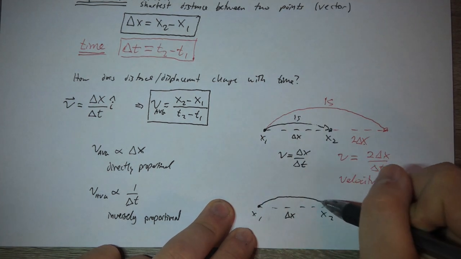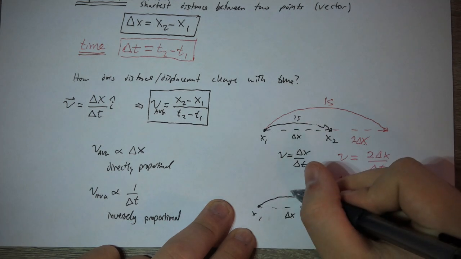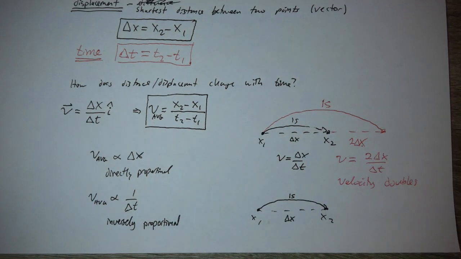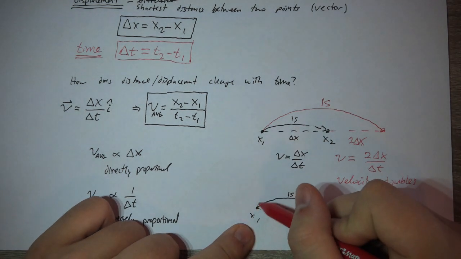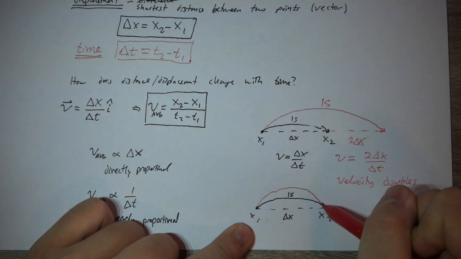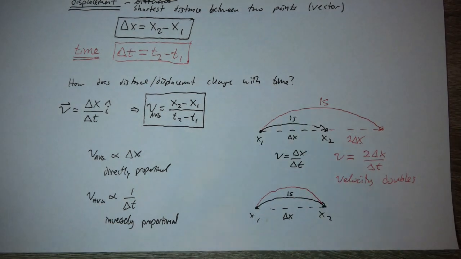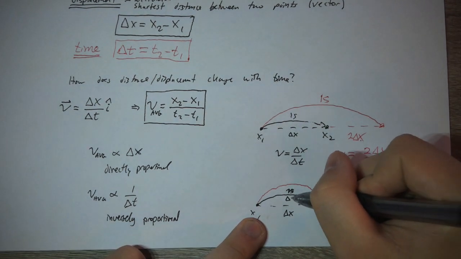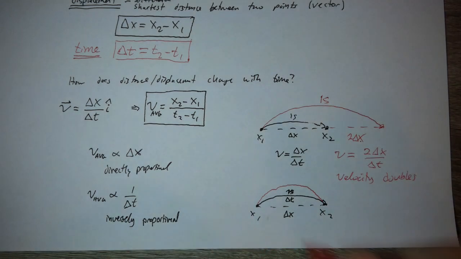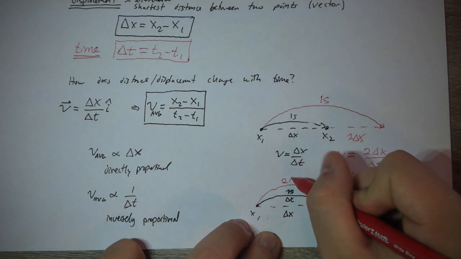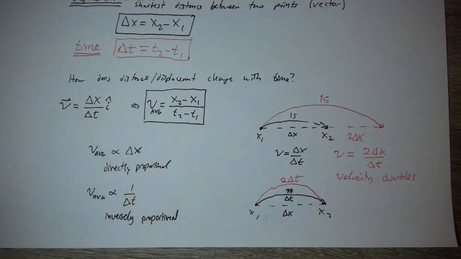And first time, we do it in 1 second. The second time, we double it. You know what? I'm going to just call this delta t. And we double it, so we're taking twice as long. Now it's 2 delta t on the second time.